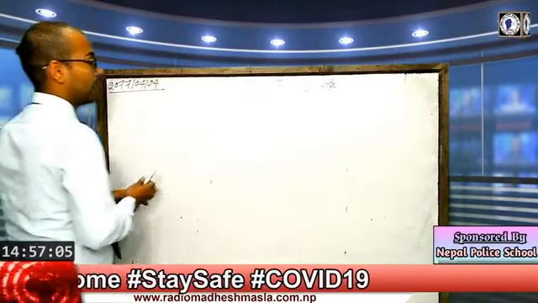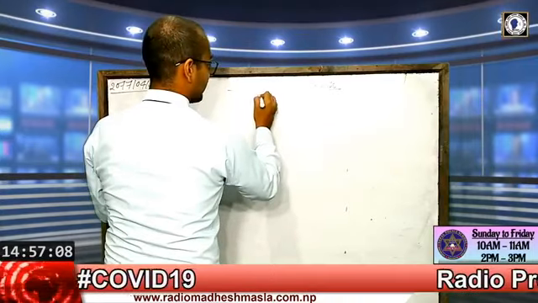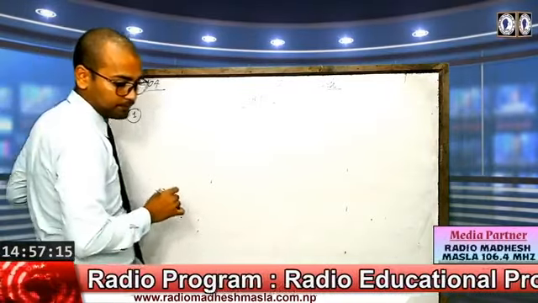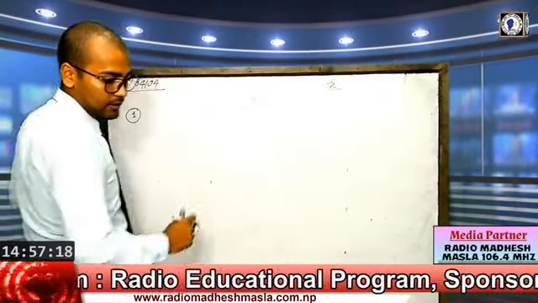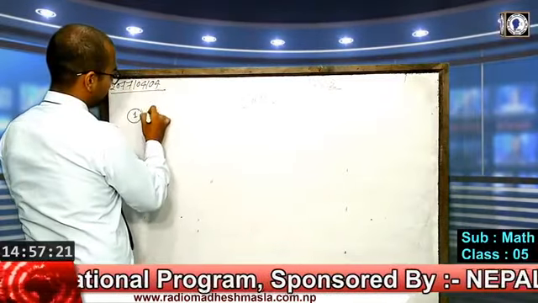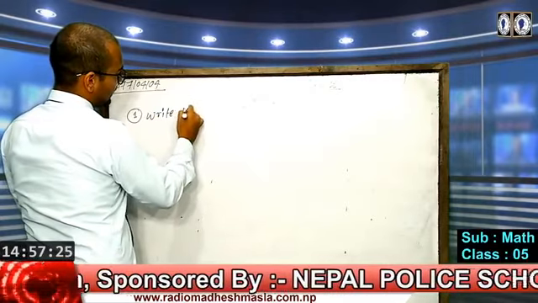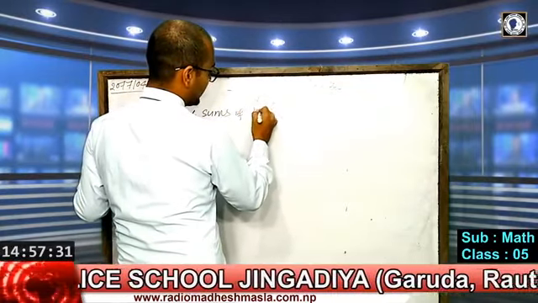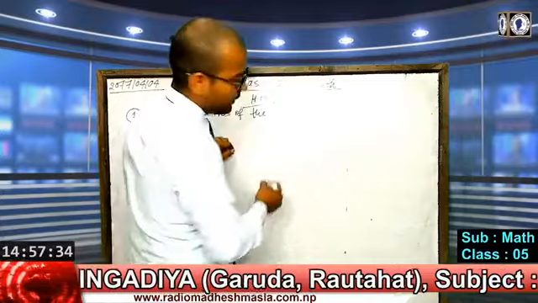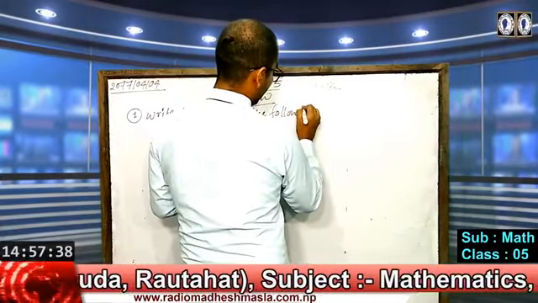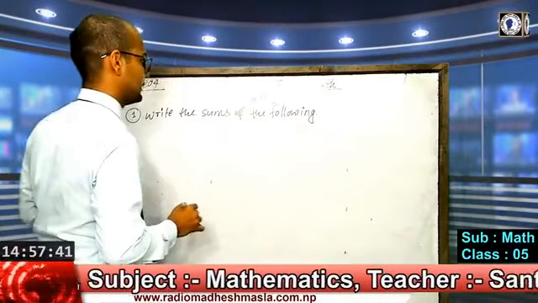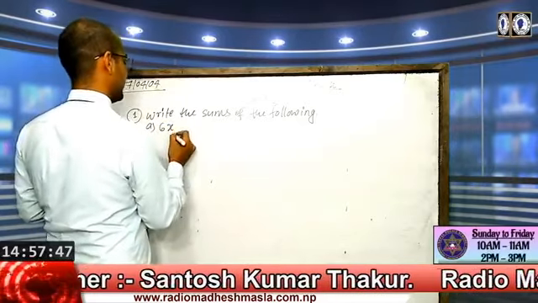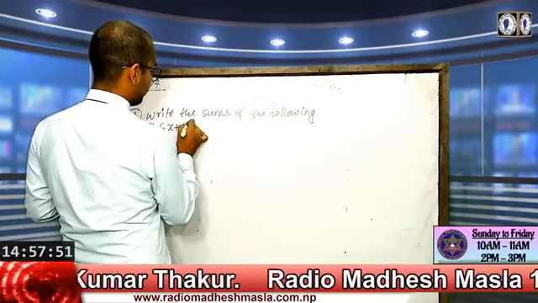So here your first homework is like this. Write the sums of the following. In first, you are given 6x plus 9x.